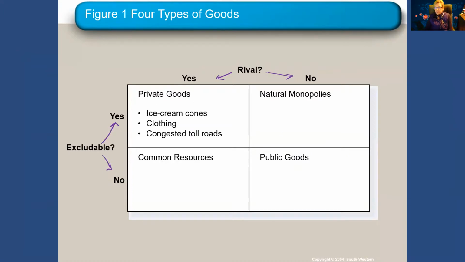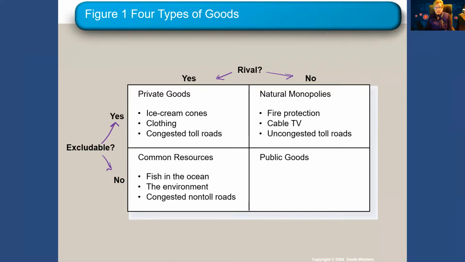So private goods listed here, excludable and rival. Natural monopolies listed here. They are excludable but non-rival. Common resources are rival but non-excludable, and public goods are neither excludable nor rival.